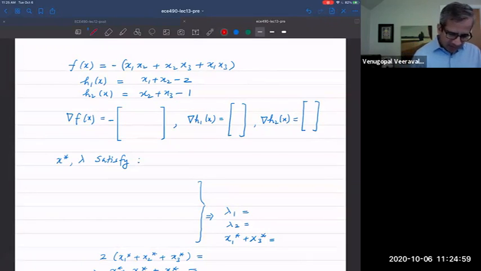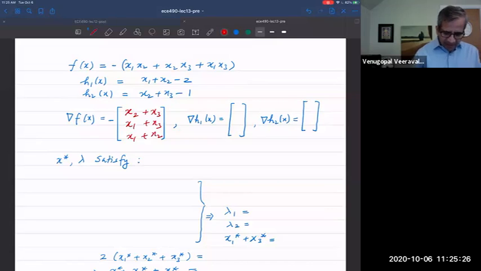Now let's look at some of these things. Let's compute the gradient of f of x first, and this is easy to do. This is negative. For the first component, take the gradient with respect to x1, you get x2 plus x3. And then the second one with respect to x2, you get x1 plus x3. And then you get x1 plus x2.